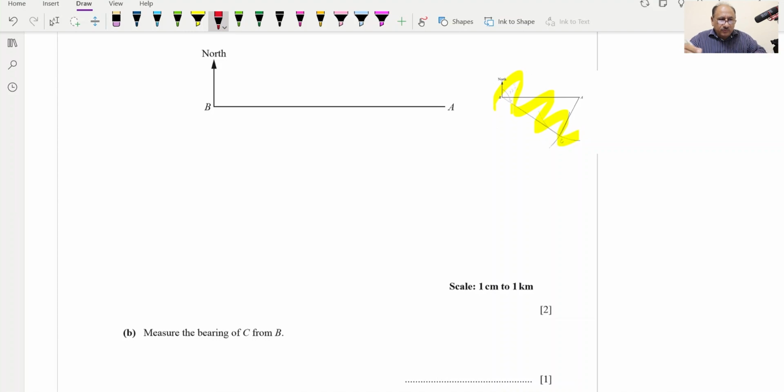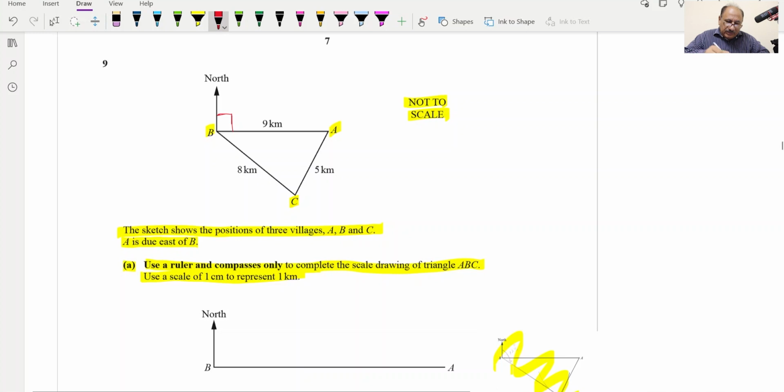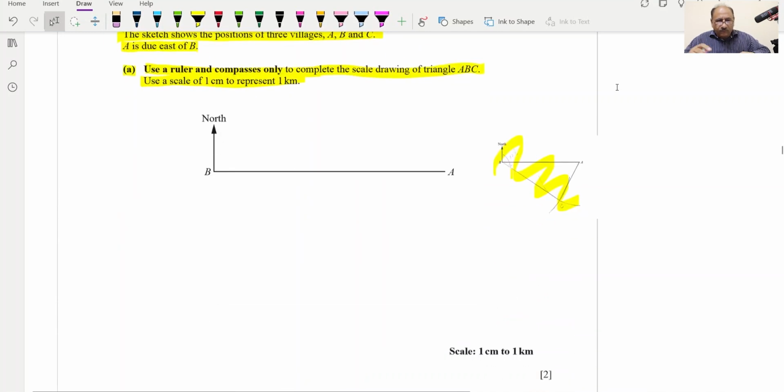So what we will do, we will have to take this side. AC is 5 kilometers. So we will open 5 centimeters, and roughly I'm just taking over here.